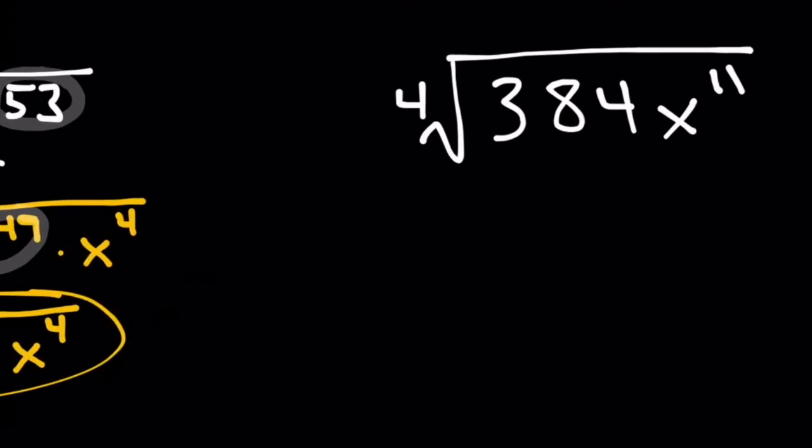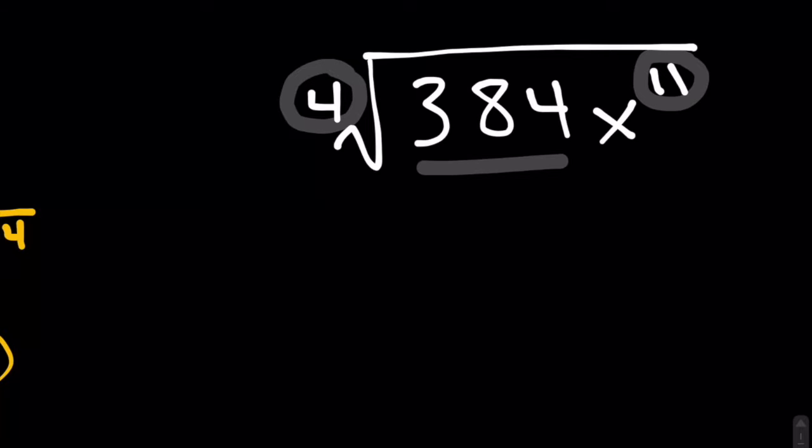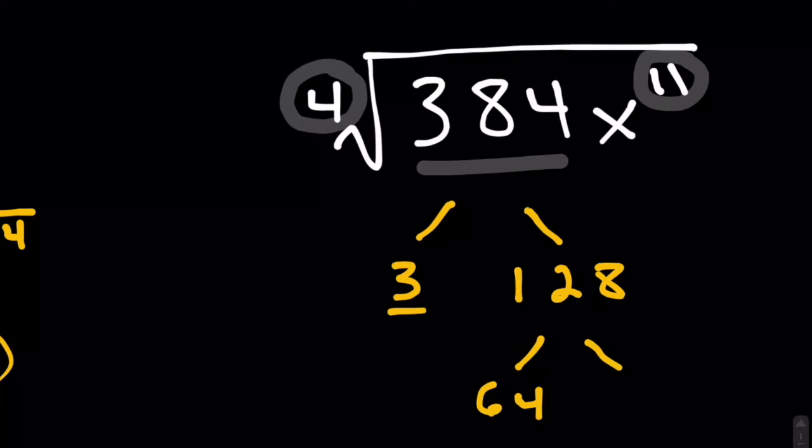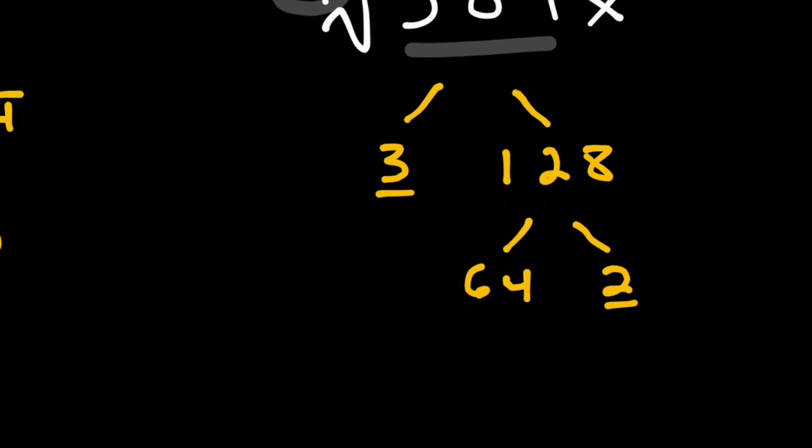Finally, we have the 4th root of 384x to the 11th. Notice how we have a 4th root out here, which means when we break down 384 into its prime factorization, we will be looking for groups of 4. 11 is not divisible by 4, so we will have to rewrite x to the 11th as 2 powers, one of which is divisible by 4. 384 is 3 prime times 128. 128 is 64 times 2, also prime. 64 will be 8 times 8.